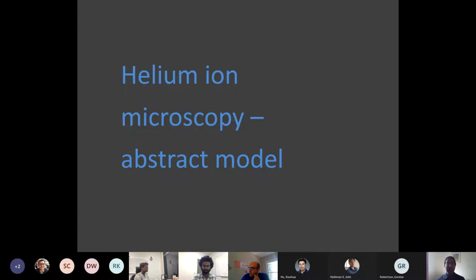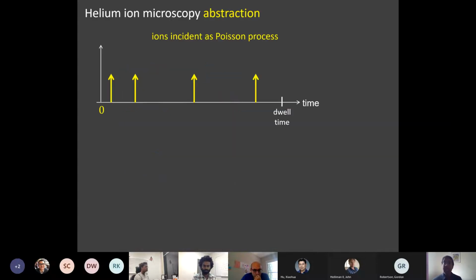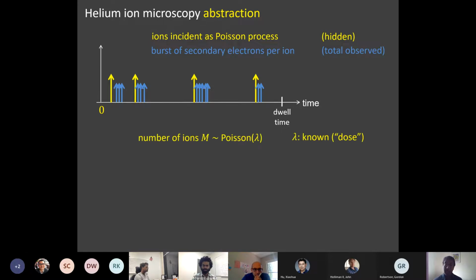All right, now let's make a statistical model. We look at the incident ions as a Poisson process, and each ion produces a burst of secondary electrons. In all of my illustrations, let's just assume I'm only showing the secondary electrons that are detected. I'm not including detection efficiency in this. Now, the number of incident ions, M, is a Poisson random variable because I've modeled the incidence of ions as a Poisson process. It has a parameter lambda.